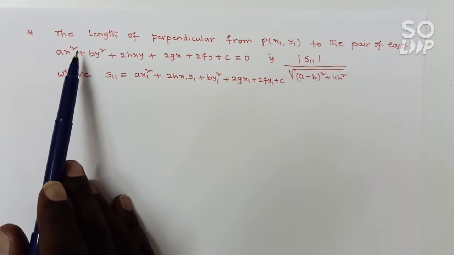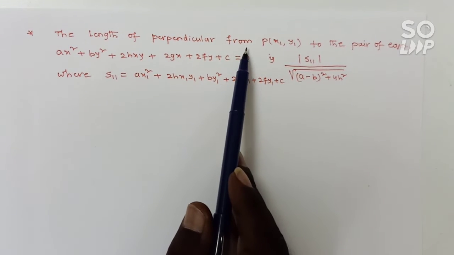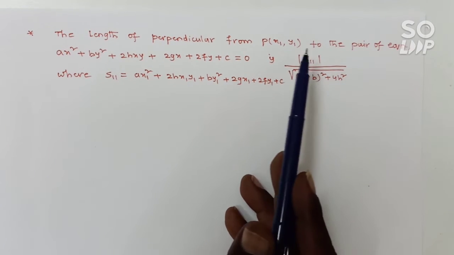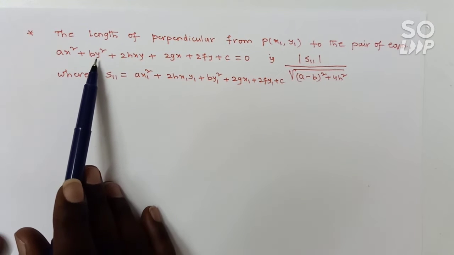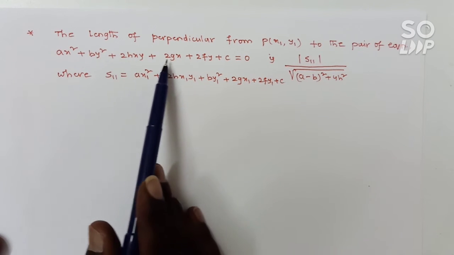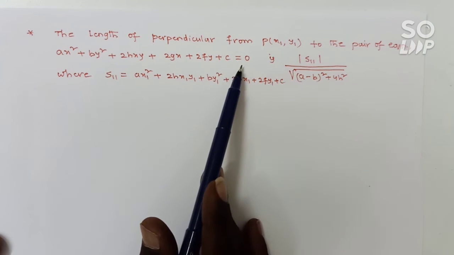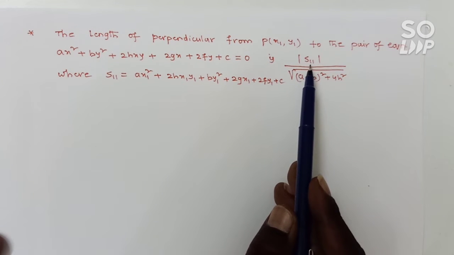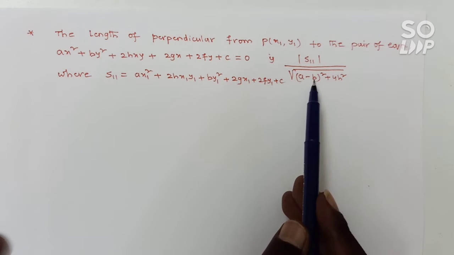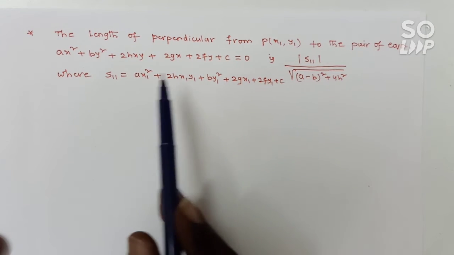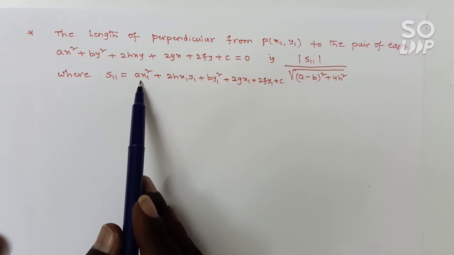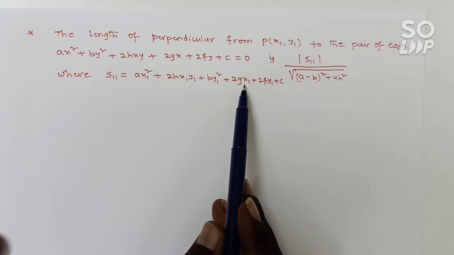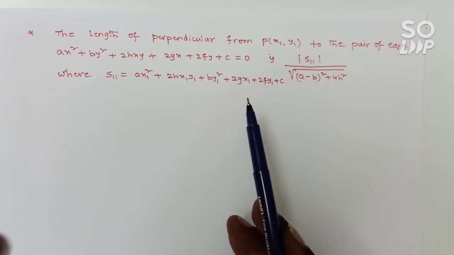The next concept is the length of perpendicular from P equals (x1, y1) to the pair of lines ax square plus 2hxy plus by square plus 2gx plus 2fy plus c equals 0, which is modulus of S11 whole divided by root of (a minus b) whole square plus 4h square, where S11 means ax1 square plus 2hx1y1 plus by1 square plus 2gx1 plus 2fy1 plus c.